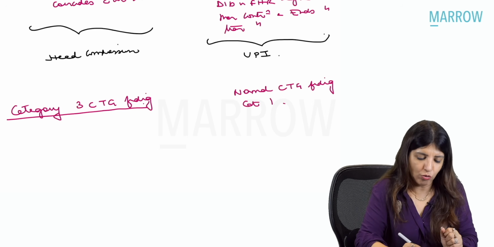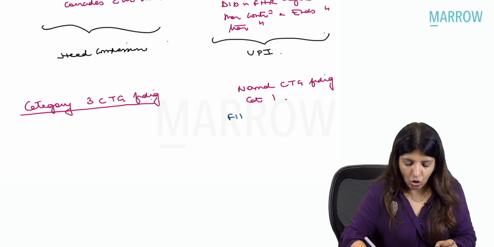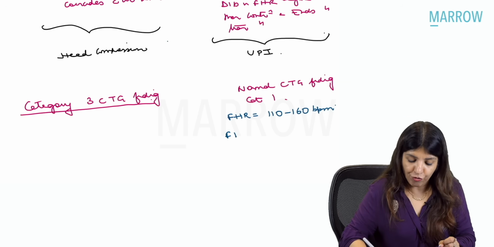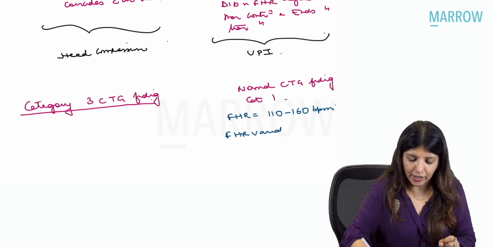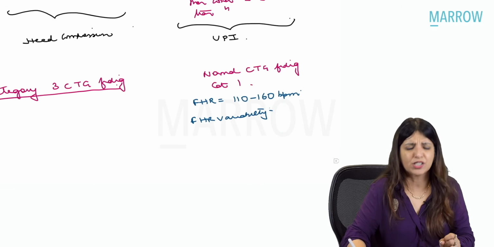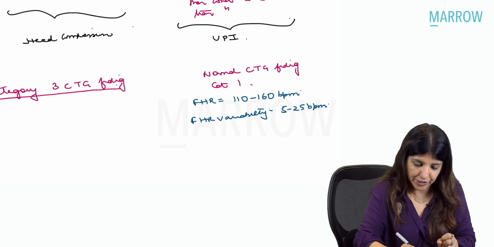So first of all, what are you going to get in a normal CTG? In a normal CTG, fetal heart rate will be between 110 to 160 beats per minute. Fetal heart rate variability will be present. All of you know that fetal heart rate is never fixed. It keeps on changing, and the change has to be between 5 to 25 beats per minute.